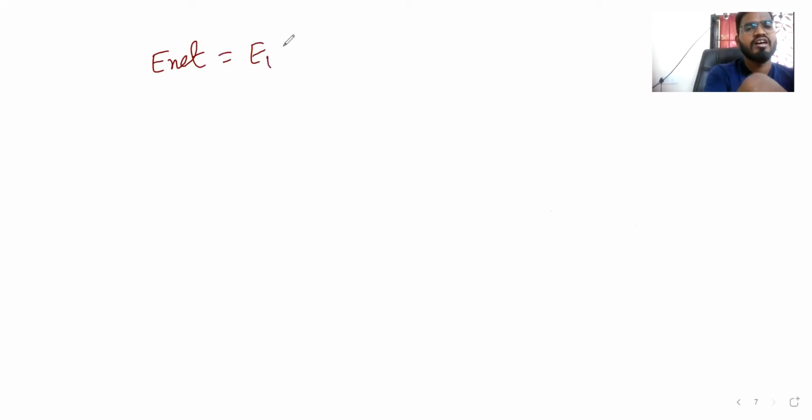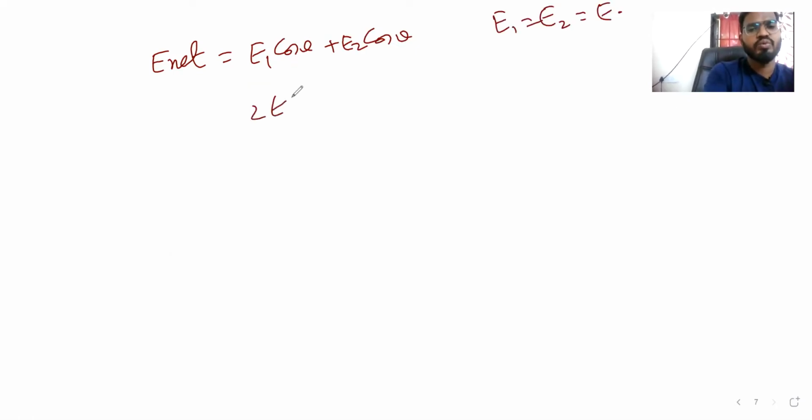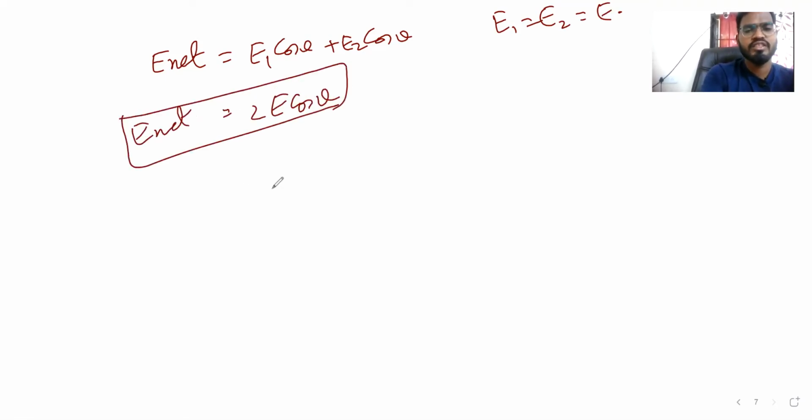Now the net electric field is going to be in the cos theta side. So the net electric field is E1 cos theta plus E2 cos theta. Anyway, E1 is equal to E2 is equal to E, so we can say directly 2E cos theta is equal to E net. Once you understood this, it is easy.